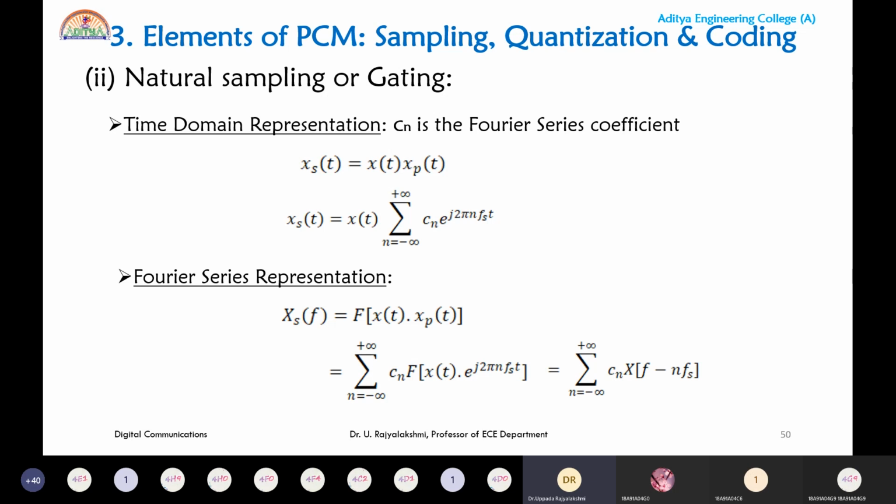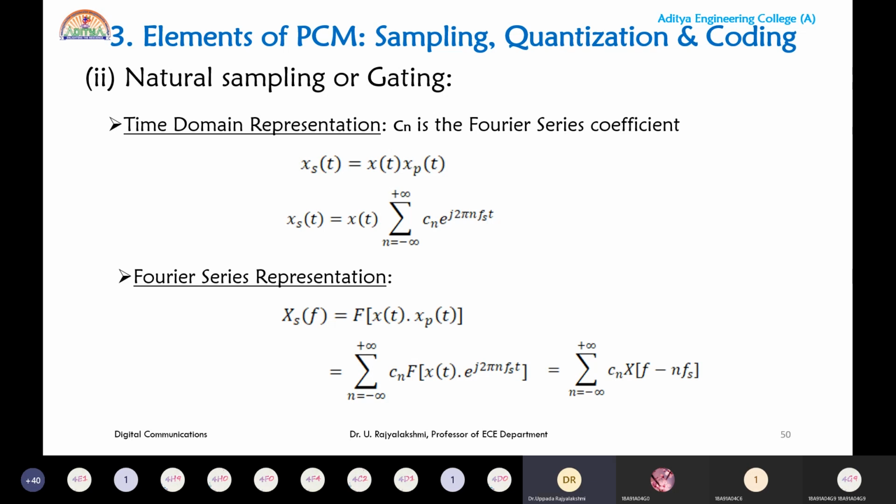Apply the Fourier transform to the time domain description. Okay, so you will get a shift in the frequency, because in the time domain you are multiplying with an exponential term. Likewise, if there is multiplication in the time domain with the exponential term, you will have a shift in the frequency, as you can see from the Fourier transform properties.